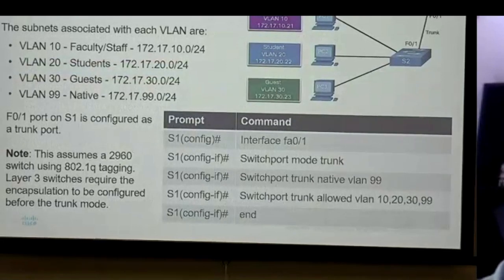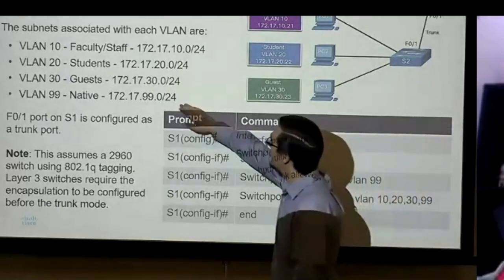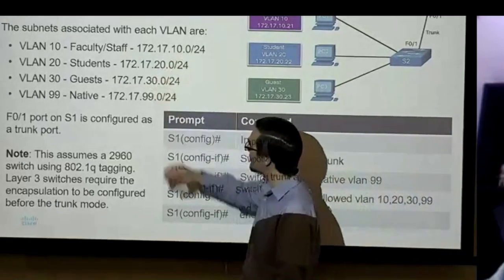So this is an example. This is pretty similar to what you're going to be doing with the physical labs. You're going to have a couple of VLANs here, and the IP addressing, I believe, is similar. Again, this is not ideal, but it's easy to remember.